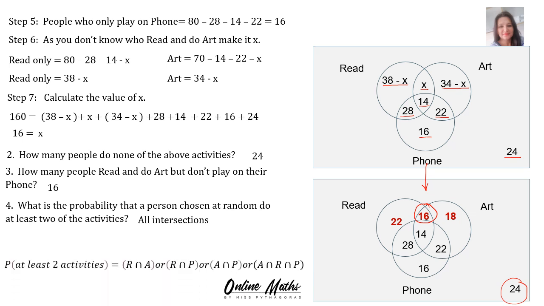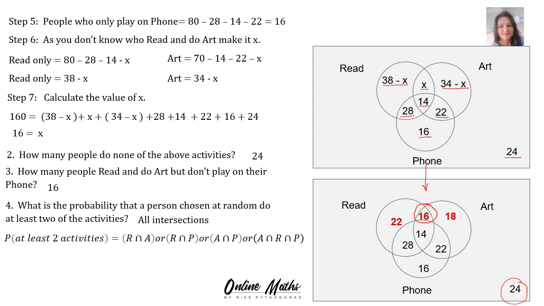So how we're going to deal with that one is the probability of at least 2 activities is the intersection of read and art, or, and or means plus, the intersection of read and phone, or the intersection of art and phone, or the intersection of art, read and phone.